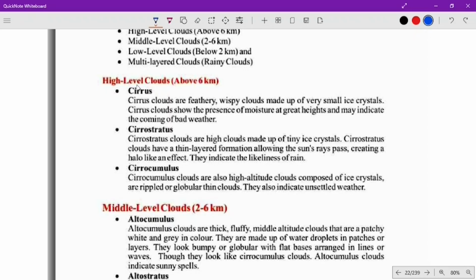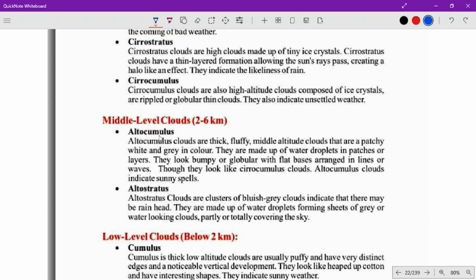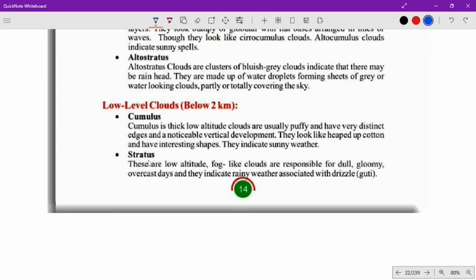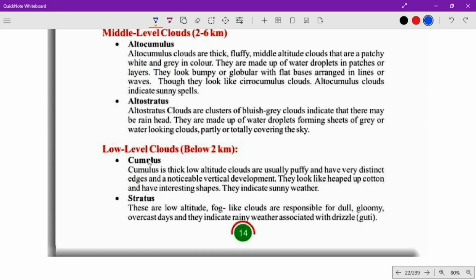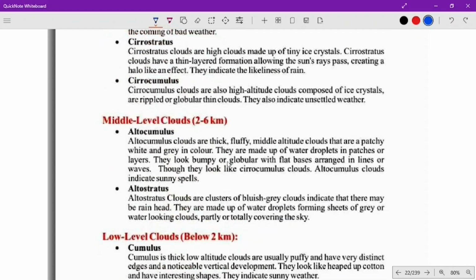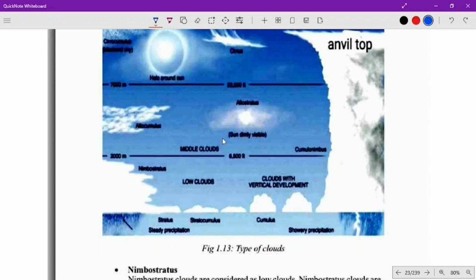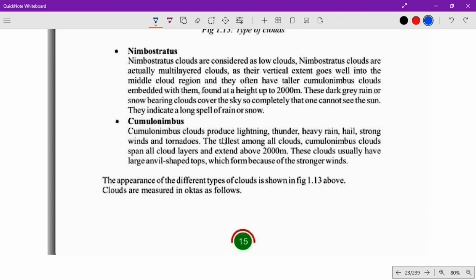High level clouds include cirrus, cirrostratus, and cirrocumulus. Mid level, altocumulus, altostratus. Low level, cumulus, and stratus. We shall take a deeper look at these in the coming chapters when we deal with rainfall. So for now, this is just for you to know the types of clouds that we have.